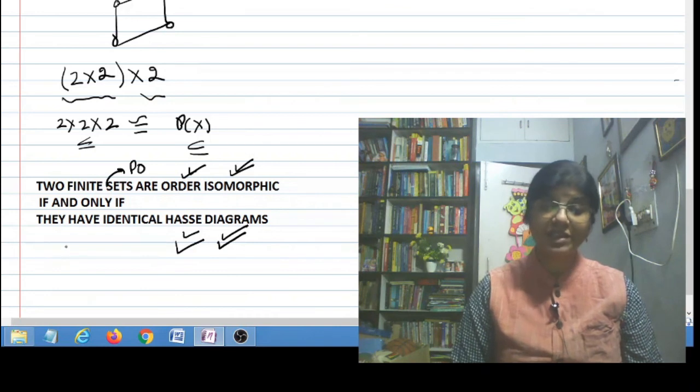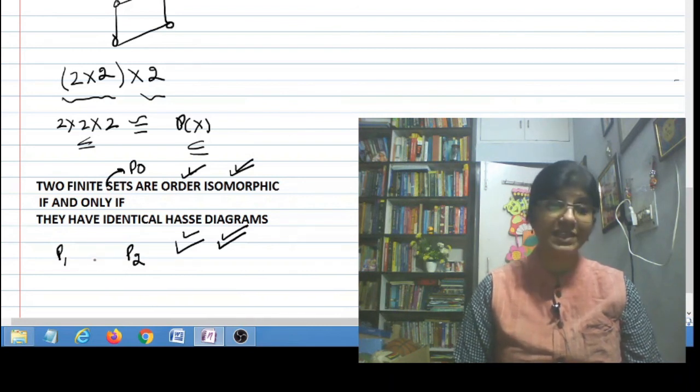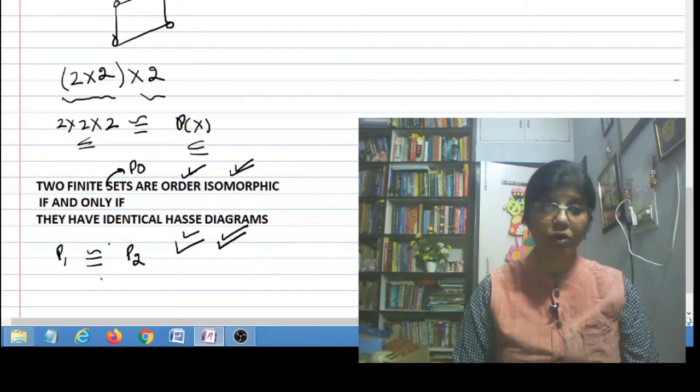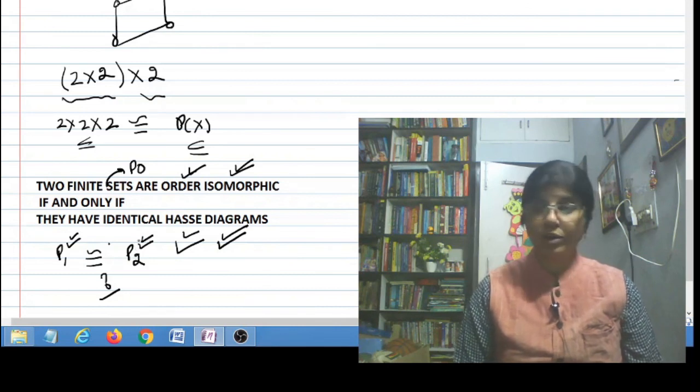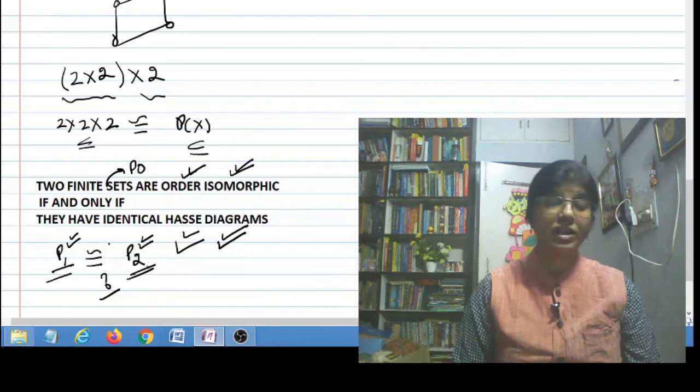So this result is used to find out, if P1 and P2 are two finite posets that are given to us, we can easily make out whether they are isomorphic or not. We can draw their Hasse diagrams, or you can make the Hasse diagram the way I have done with magnets, and then if the Hasse diagrams come out to be identical, then these two finite posets are order isomorphic.